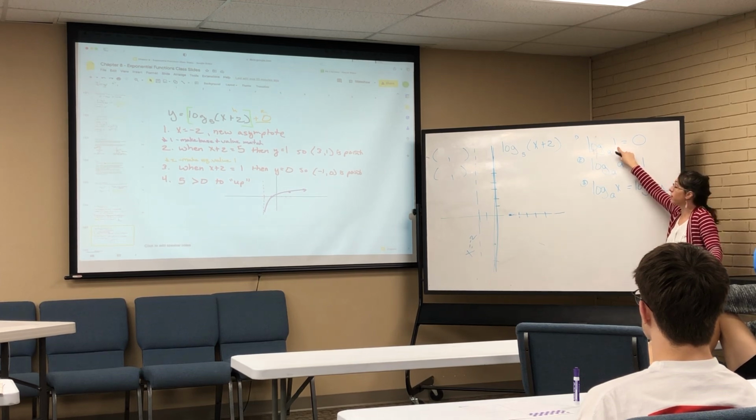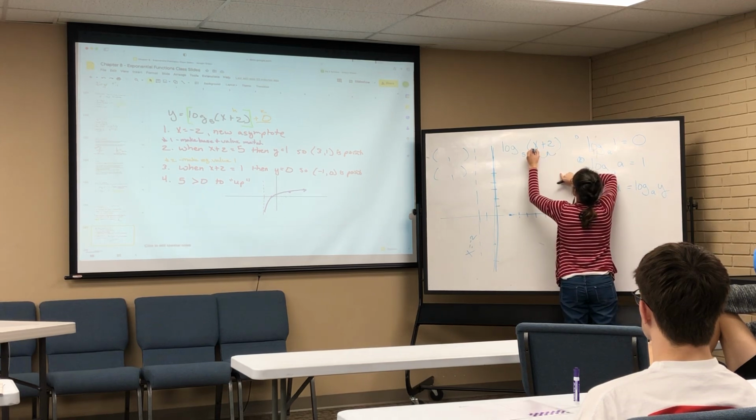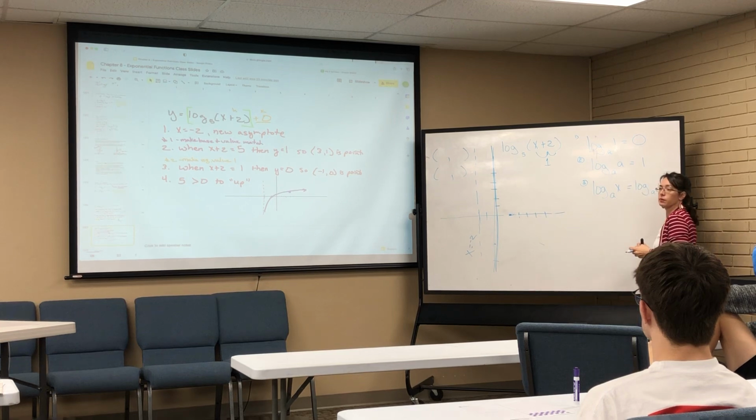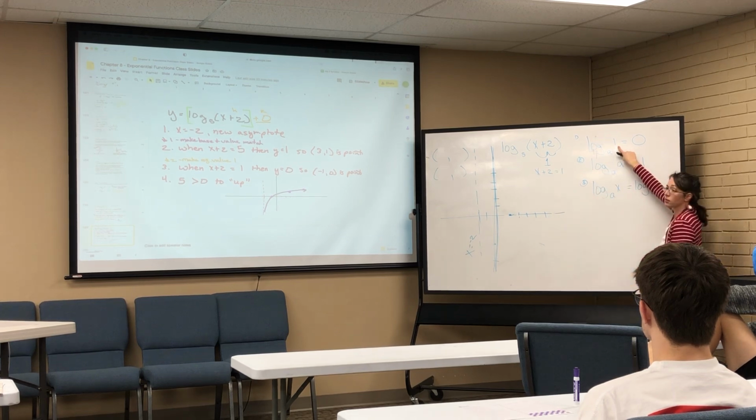I want my equivalent value to be 1. So how can I turn this parentheses into the number 1? Can I set it equal to 1? I want x plus 2 to equal 1 so that I can use my first rule.